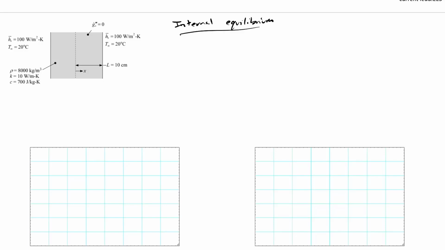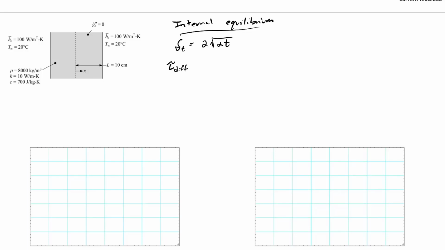Internal equilibrium. This is our tau diffuse time constant. So for this problem, we would use this relationship: delta t is equal to 2 times the square root of alpha times time. Solving that out for this problem, we have our tau internal or tau diffuse.